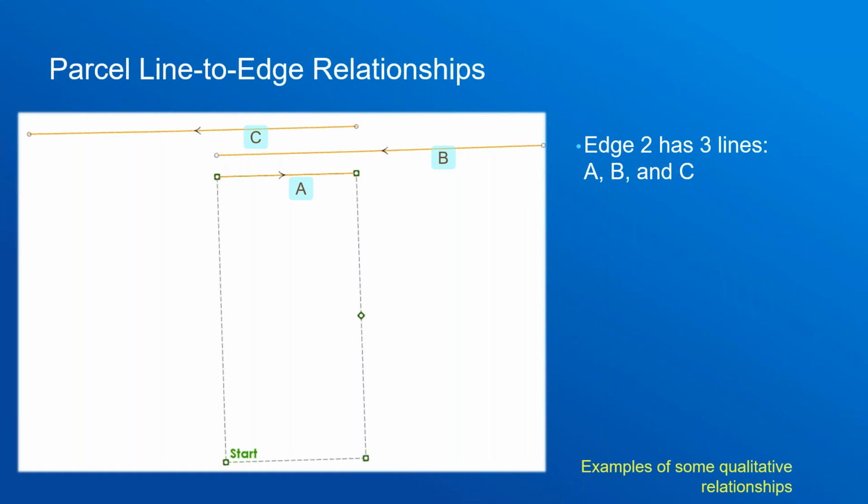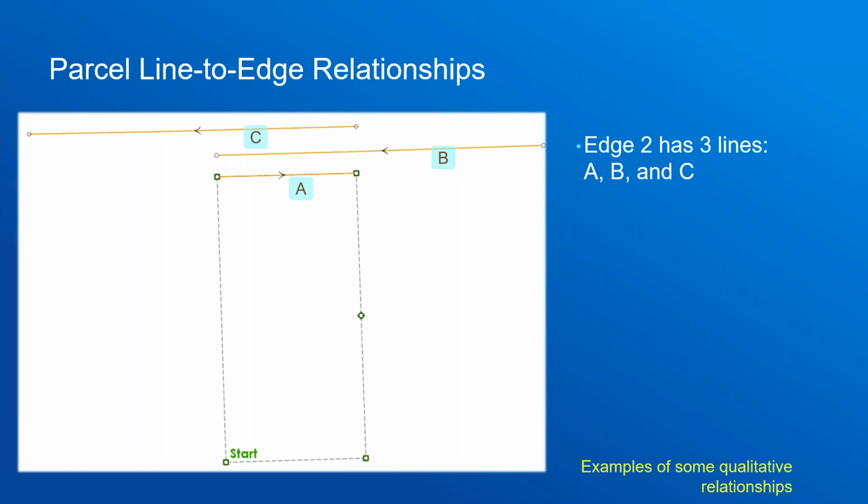And you can see that we have A that fully covers that parcel edge 2. But then we have this boundary line B that is kind of partially covering over that northern edge. And then same thing for the boundary line C. And you can see already that if we were to try to do a traverse for this particular parcel, lines B and C aren't really of much value to us in that particular scenario.